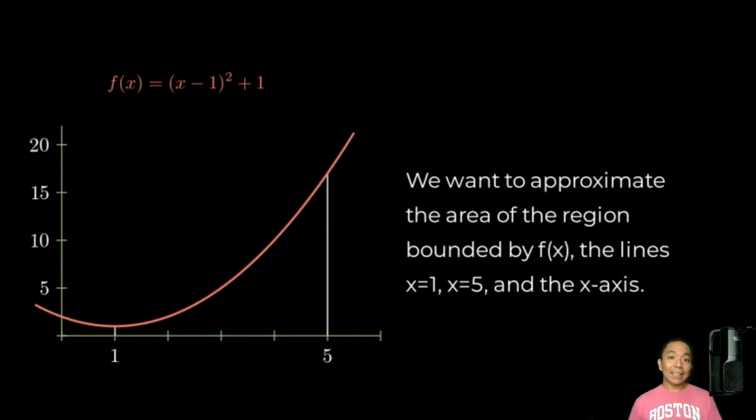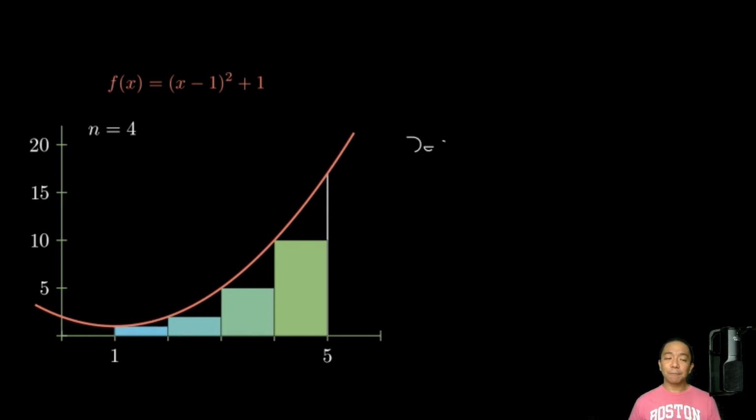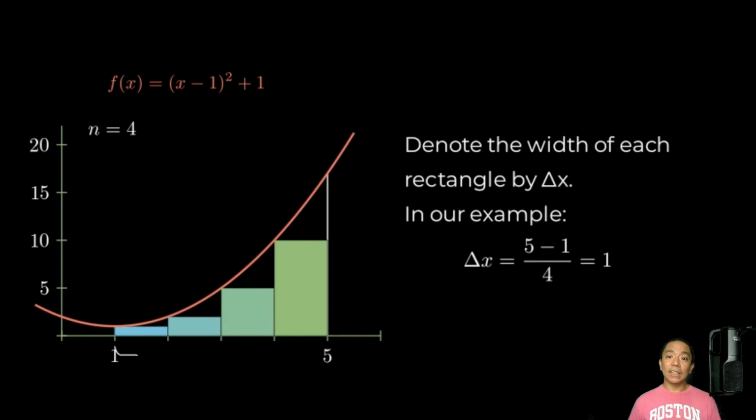And we will use rectangles para i-approximate yung area niya. At the start, let's use 4 rectangles determined by n equals 4, na equal yung width para i-approximate yung area. Since yung base nung area na gusto nating i-measure is from 1 to 5, that is 4 units, if we are using 4 rectangles na equal yung width or base, then we should be able to compute for that base na lahat sila equal to 1.